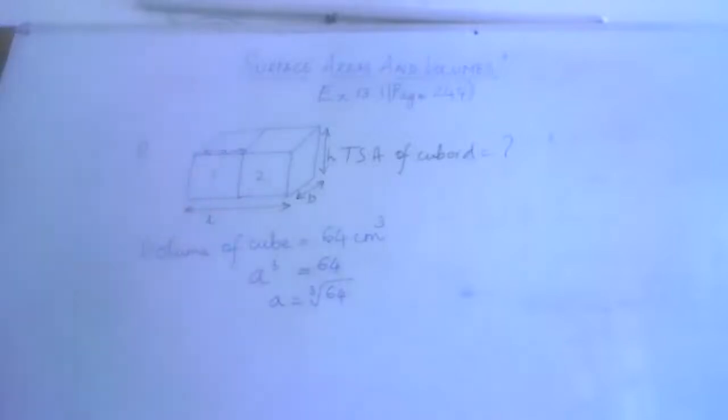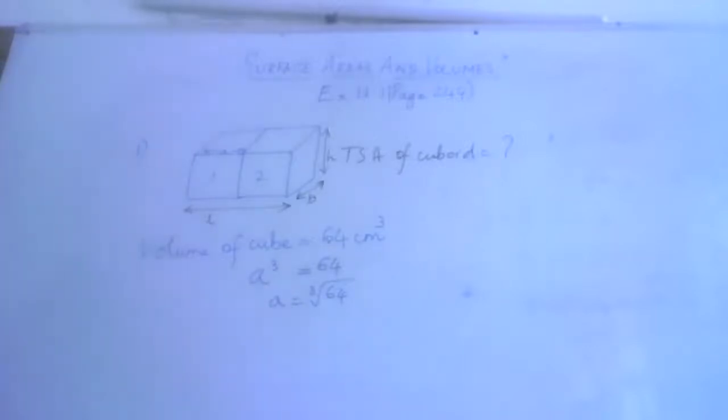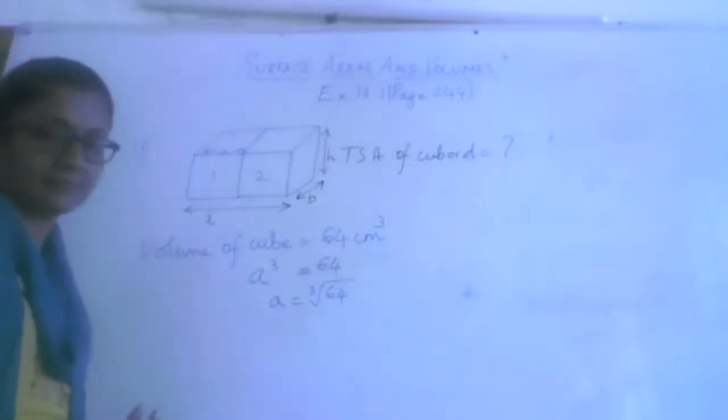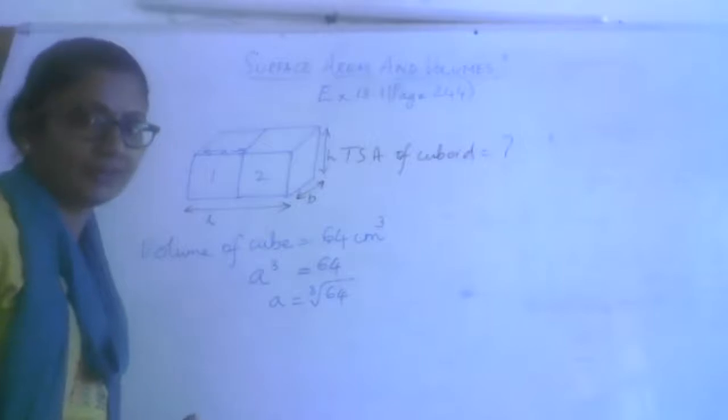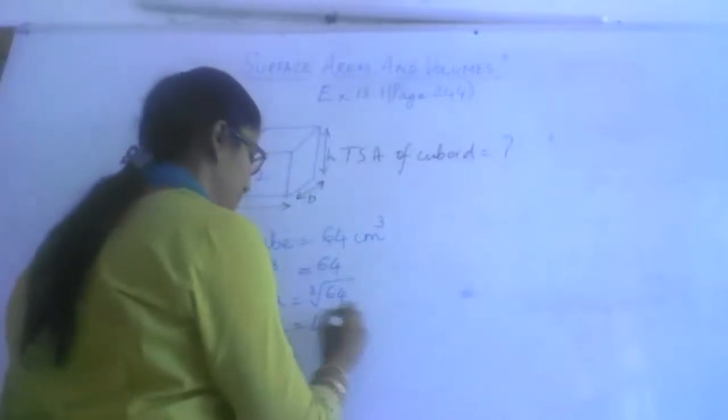Which number multiplied 3 times with itself will give you 64? 4. 4 into 4 into 4 will give me 64. Correct? Yes, ma'am. Okay, so here A will be 4 centimeter.